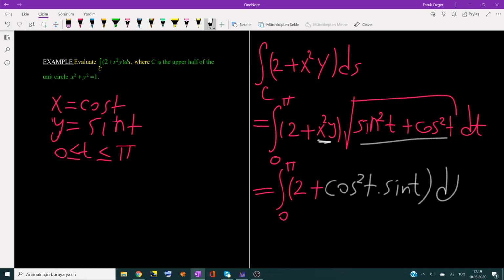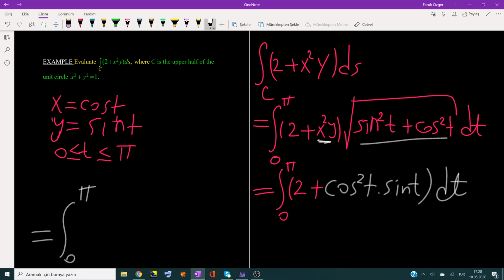Then you have dt. Okay, the rest is just to compute this integral. You have integral from 0 to pi of 2 plus cosine square t sine t.